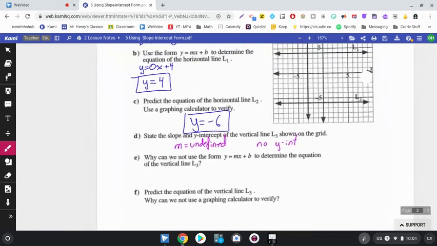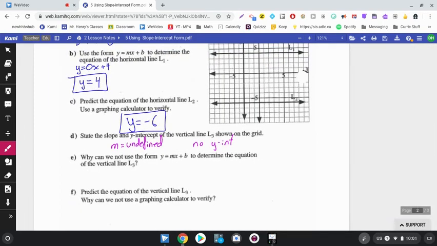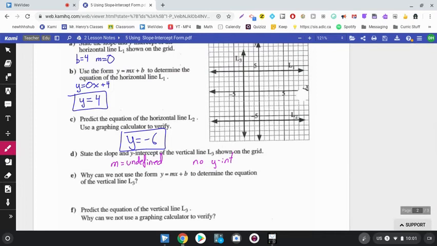Okay? Well, the equation, what I'm looking at is kind of the opposite of horizontal lines. For this L3, the y value goes up and down. I can have a variety of y values, but x is always -3.